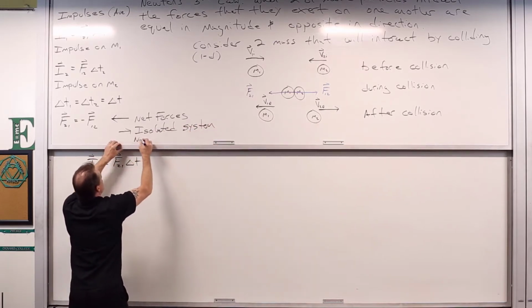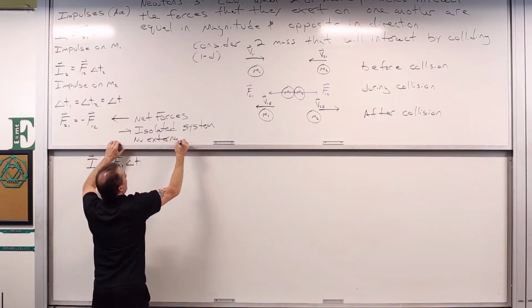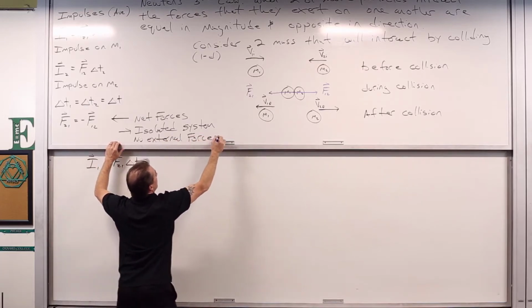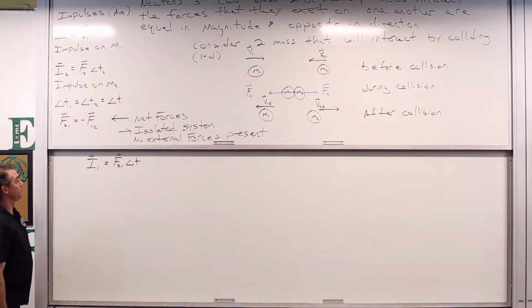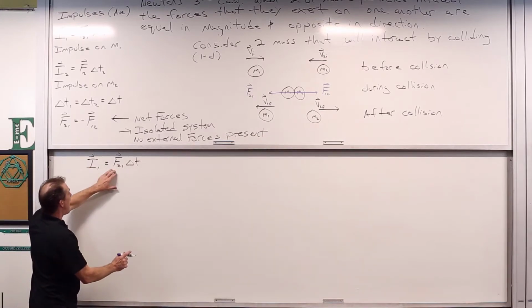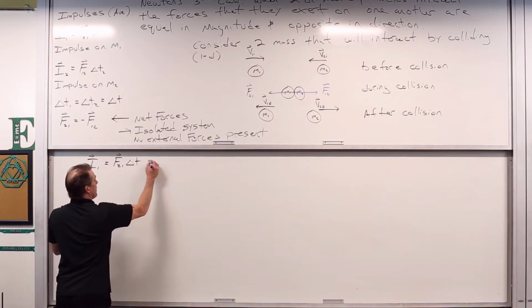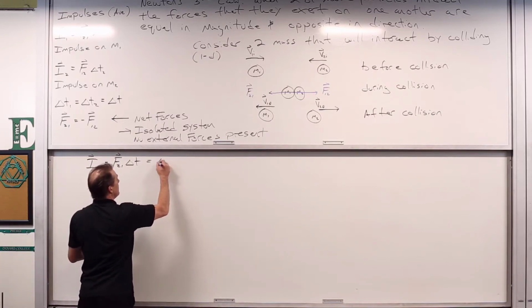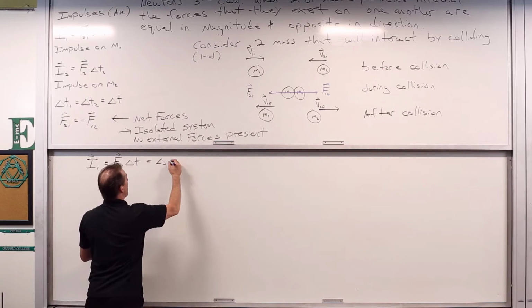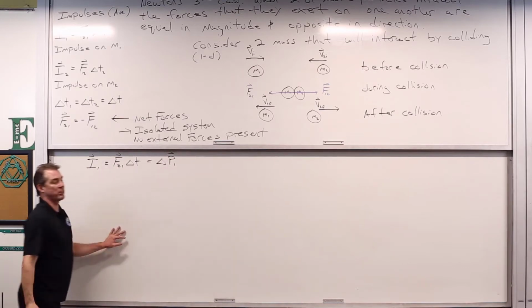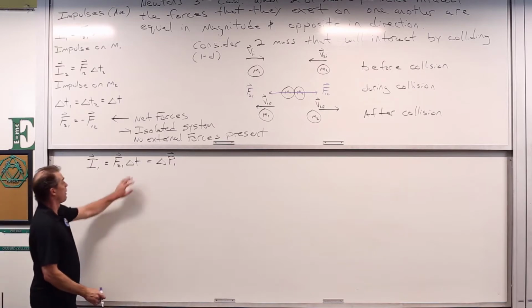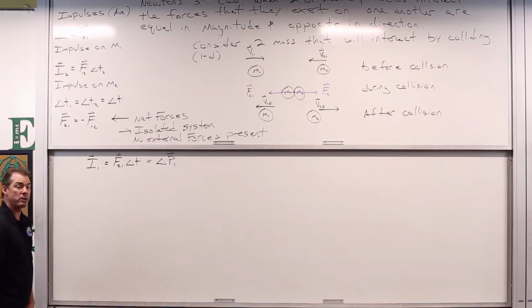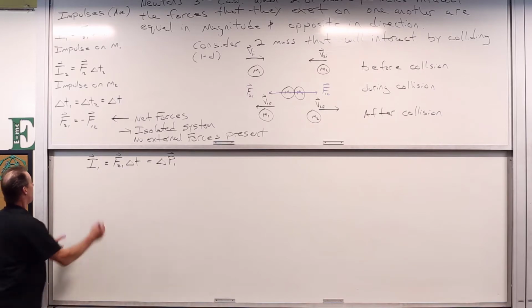No external forces are present. So, with this being a net force, this is producing the change in momentum of object number 1. Net force on object number 1 times the time interval over which it acts produces the change in momentum. All right, that's good. Well, what else do we have?